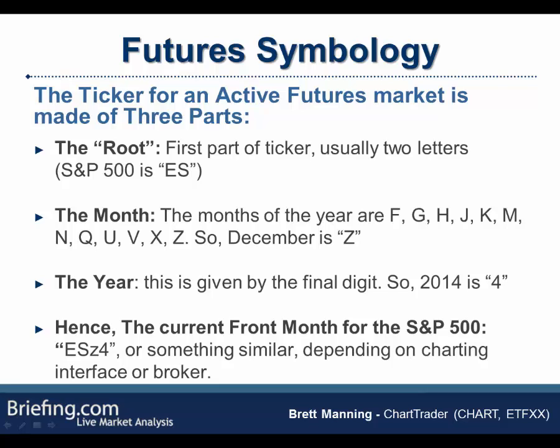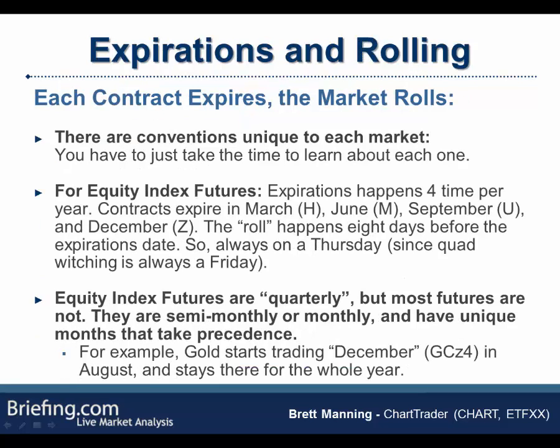And that's the next topic, which is expirations and rolling. As I said, each one's a separate market, and each one expires and gives rise to the next contract, which takes the volume in. The contracts further out on what's called the forward curve are trading all along, but the volume kicks up tremendously when one becomes what's known as the front month.